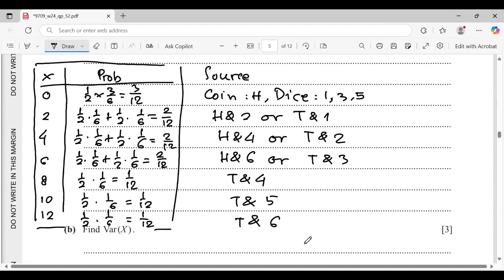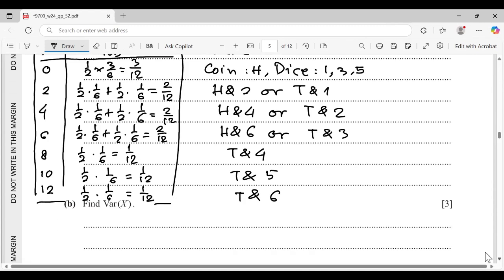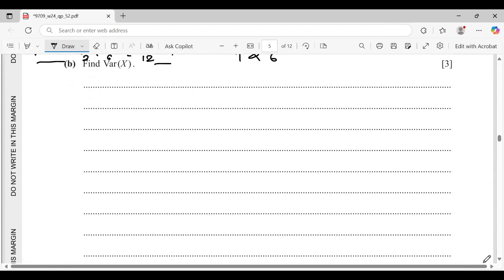Okay, find variance x. To find variance x, I would like to create a table. The variance x formula is expectation x squared minus the expectation x, squared.